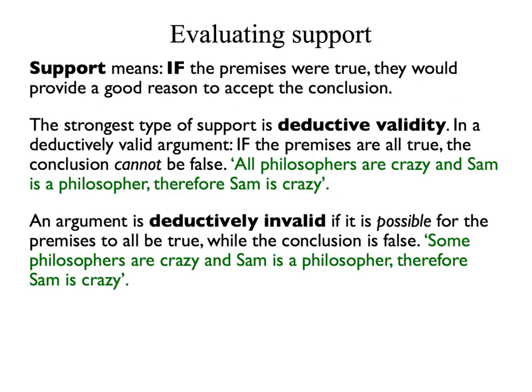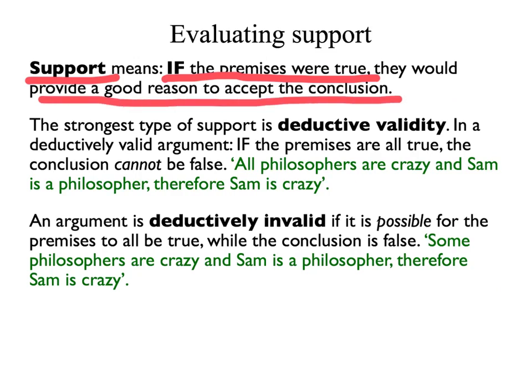So the other condition a successful argument has to satisfy is support. The premises should support the conclusion. What that means is something like this. If the premises were true, or if the premises were accepted as true, they'd give you a good reason to accept the conclusion. Notice this just says if, so it doesn't presuppose that the premises are true.